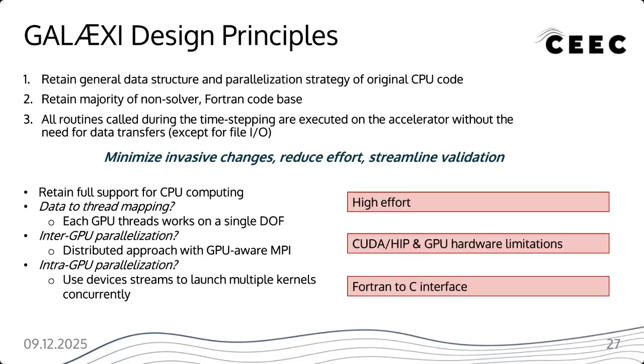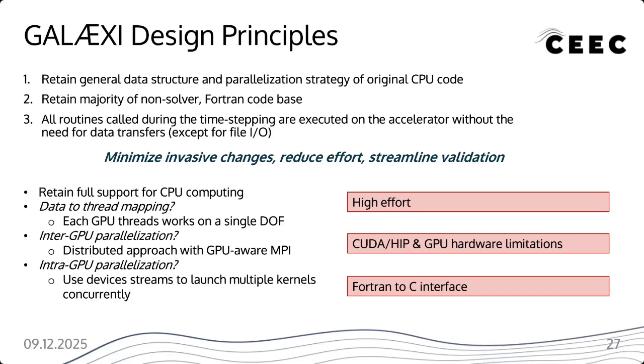The problems with these answers to those questions is that this is a very high effort thing to do. We have a lot of compute kernels in GALÆXI/Flexi, and we have to do a lot of porting. There are also the limitations of the hardware. GPUs are very specialized hardware that can do only very specific things.